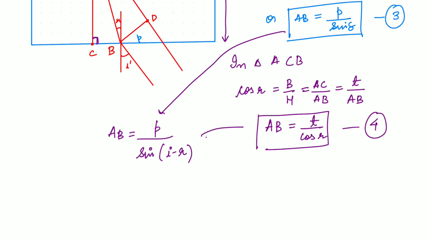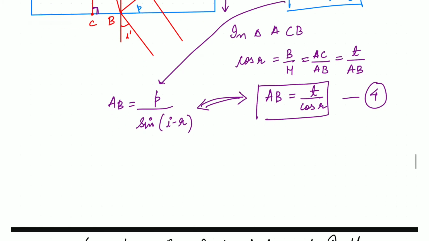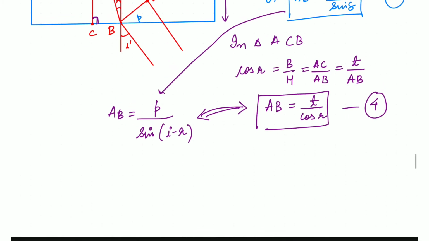Now all I have to do is equate these two. If I equate these two, I will get T upon cos of R equal to P upon sine I minus R. Now if you remember, I'm supposed to find out the value of P, that is your lateral shift.